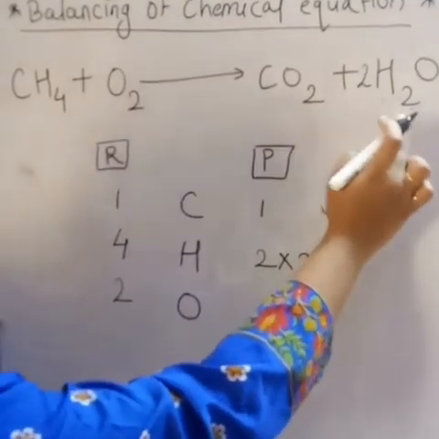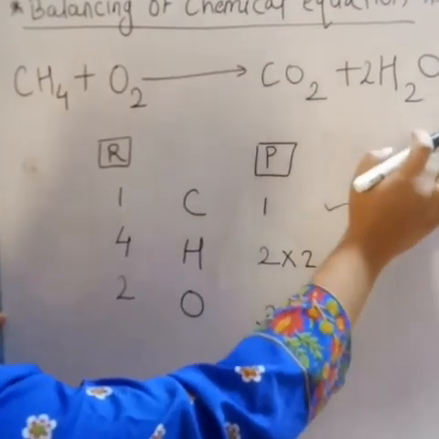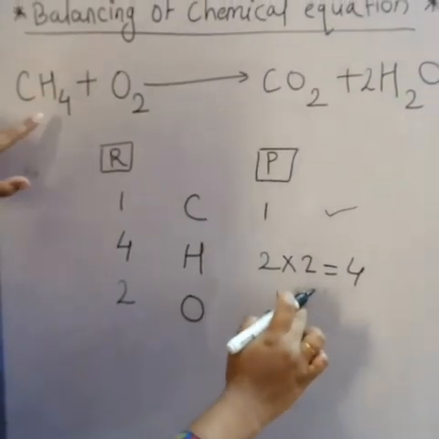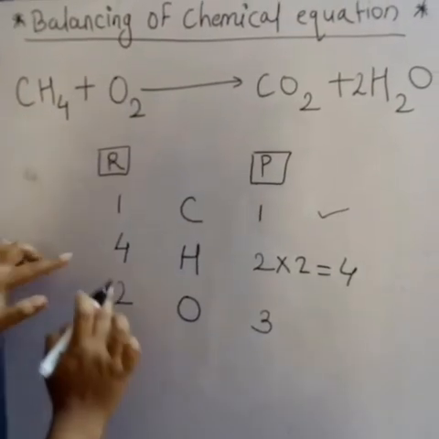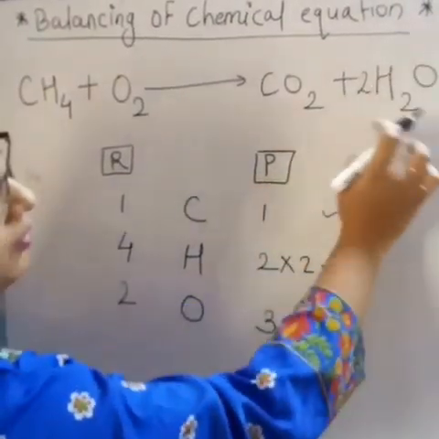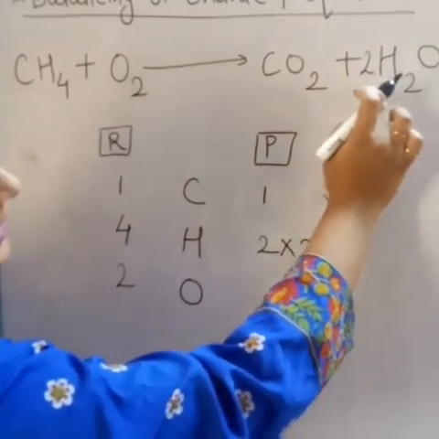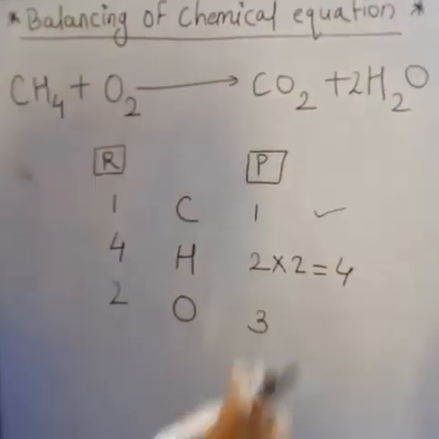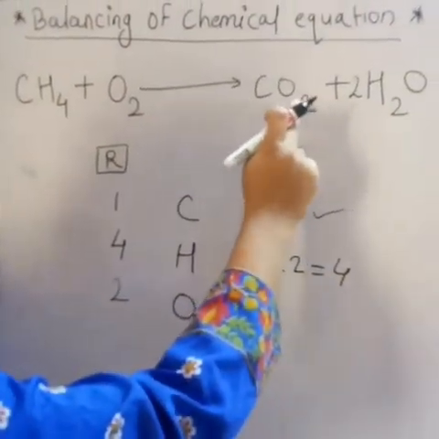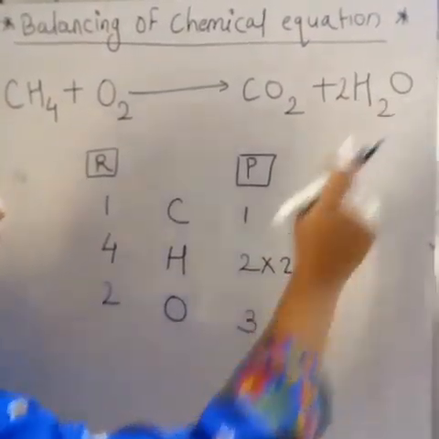Now this becomes 2 into 2, 2 twos are 4 hydrogen on the product side, and 4 hydrogen on the reactant side also. But just because we multiplied this whole formula by 2, the oxygen number changes, right? Because of this multiplication, oxygen becomes 2 plus 2, 4.